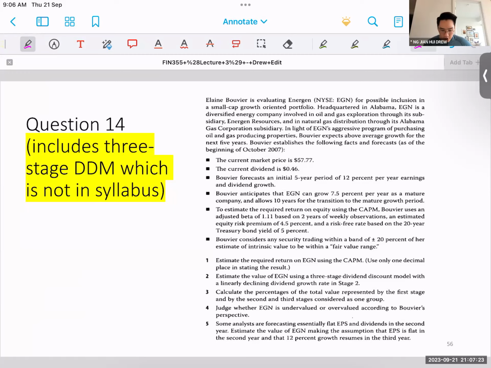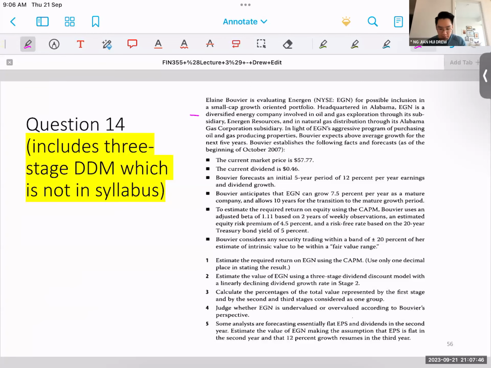Now, we do have again the same thing, a portfolio manager, but now it's a small cap. This company is headquartered in Alabama, a diversified energy company involving oil and gas exploration. What else? It has natural gas distribution. Okay, fine.